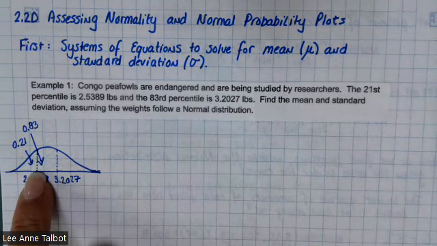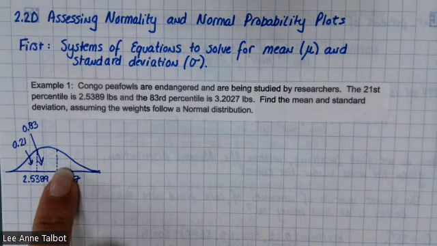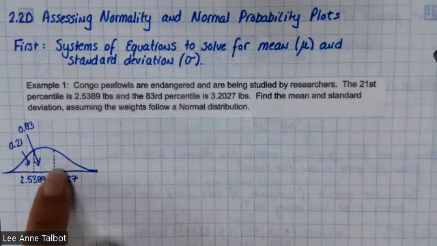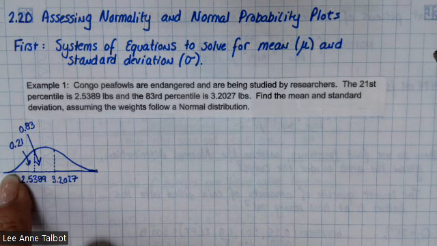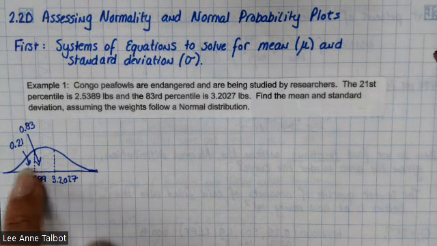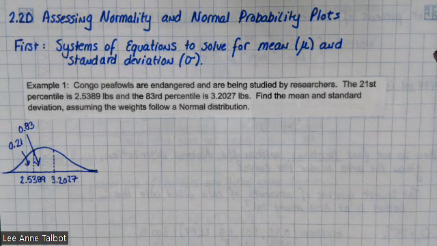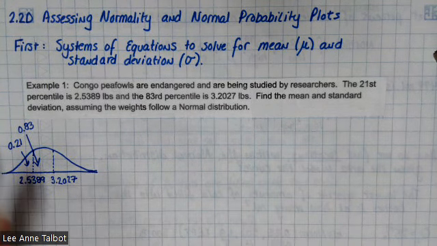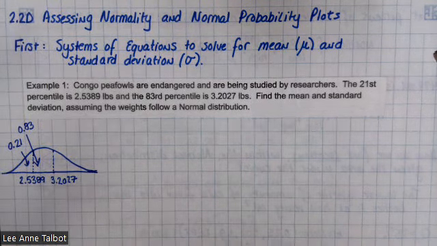Can you guys all see from my arrows that I'm implying that this little piece here is 21% and this whole shaded down region is 83%? Yeah. You see that the 83% and the 21% overlap each other. Okay. All right. So this is the information that we're given.